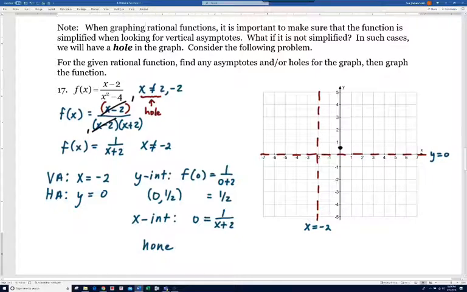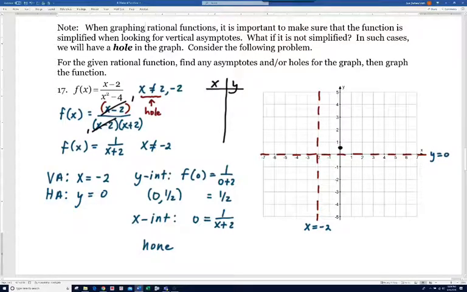Basically, we really need to look in each region that's separated by any vertical asymptotes. So here, let's see what's going on the right side of x equals negative 2 first. I'd like to figure out what's going on when x is negative 1.